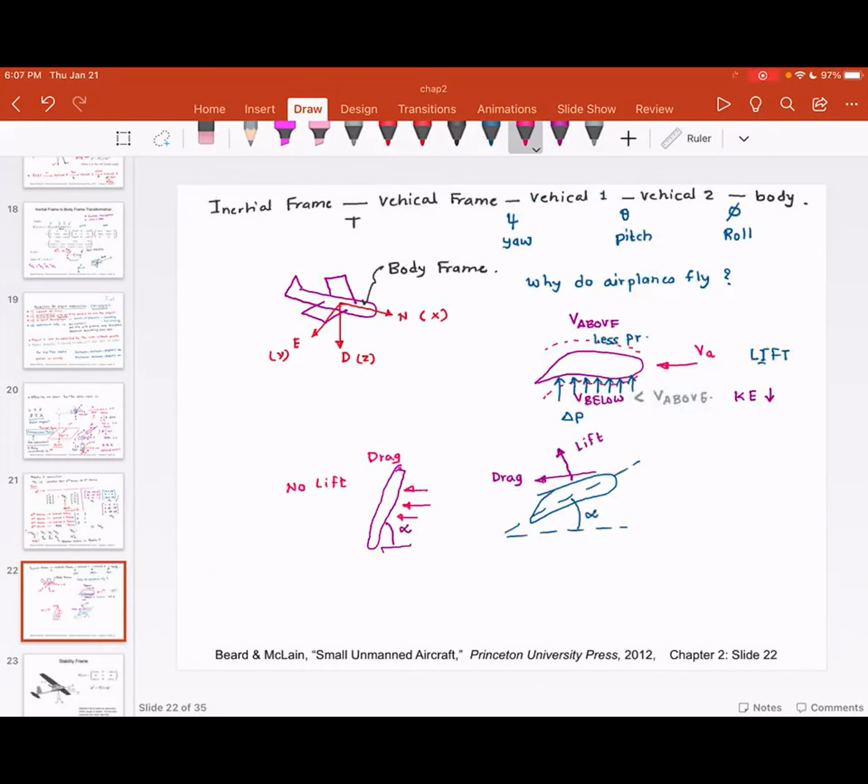And this condition is called stall, which means there is an angle at which the lift produced by the airfoil is zero. So if you were to look at the plot of lift versus angle of attack alpha, this is the angle of attack.